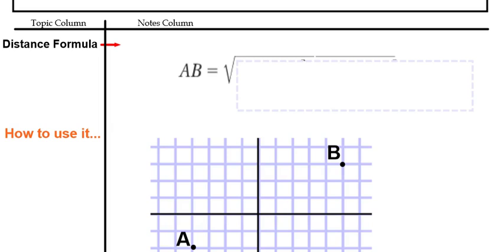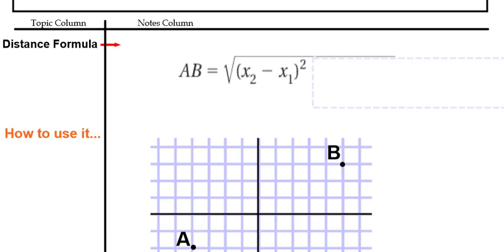Draw a big square root, and then from there you're going to fill in x minus x in parentheses. Then you're going to put a little 2 up there, quantity squared, and then you're going to write a plus, and then you're going to do the same with the y's, y minus y, quantity squared.